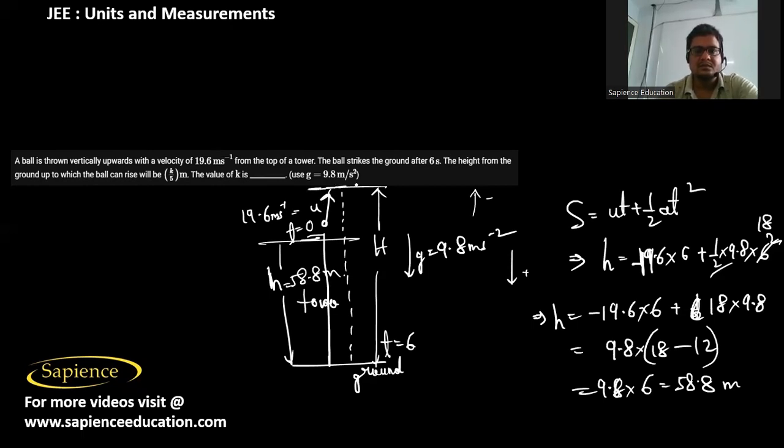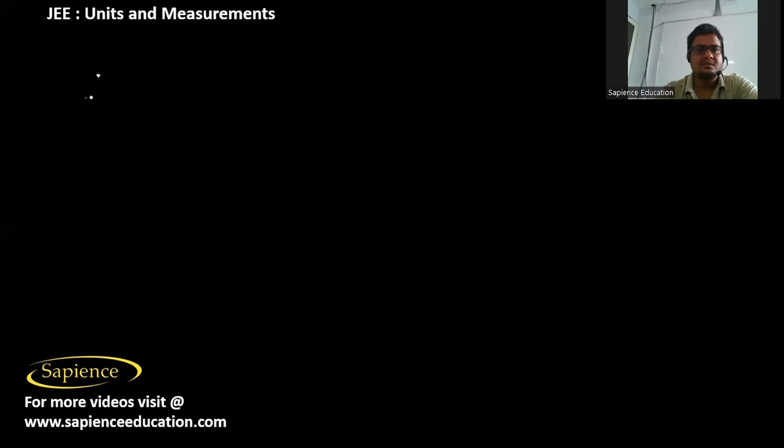Therefore, this length x also we have to find out. So x will be equal to ut minus half gt square. Or I can say v square equal to u square plus 2as.